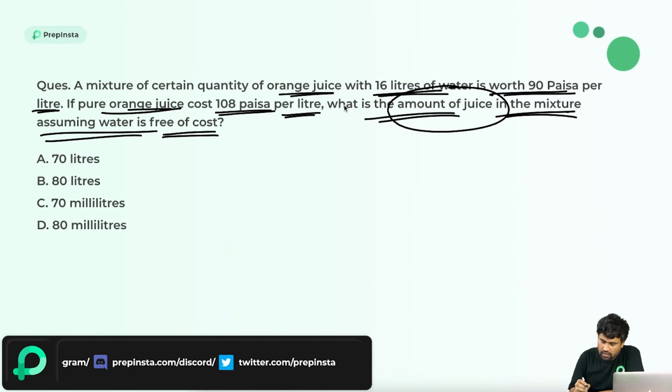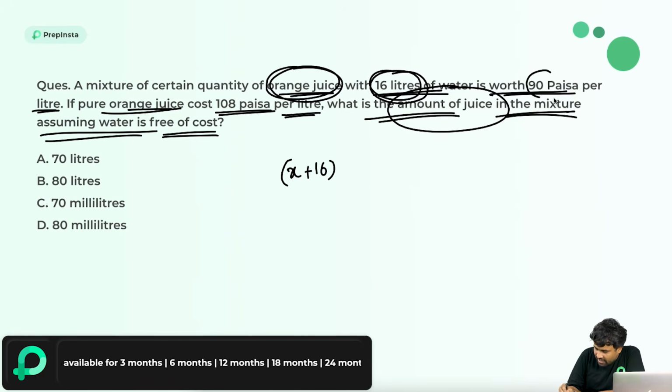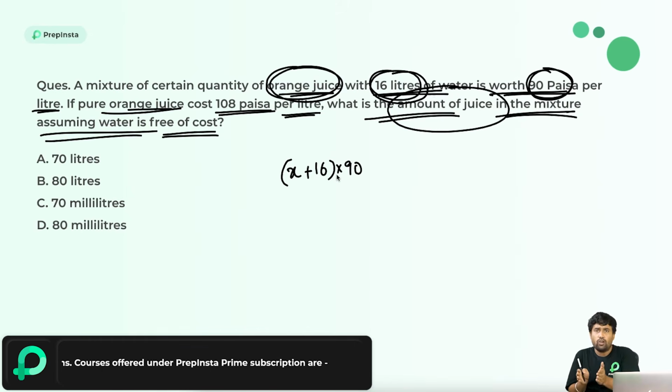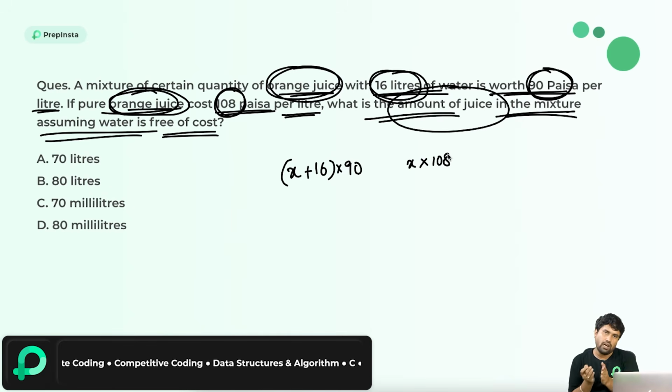So carefully observe guys, I am assuming that the initial quantity of pure orange juice is x liters and 16 liters of water is added, then the resultant mixture we are selling at 90 paise, right? So into 90, this is the total selling price. And if we have pure orange juice that is x liters and we sell at 108 paise, pure means 108 and diluted with water is 90.